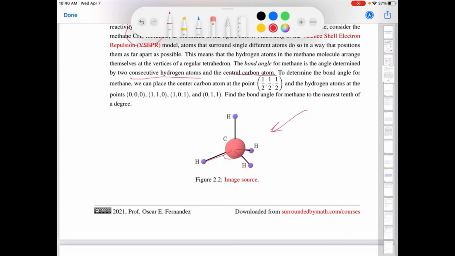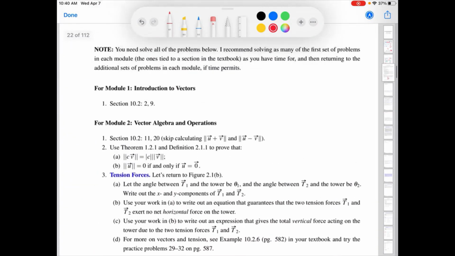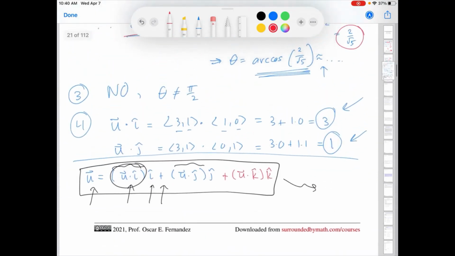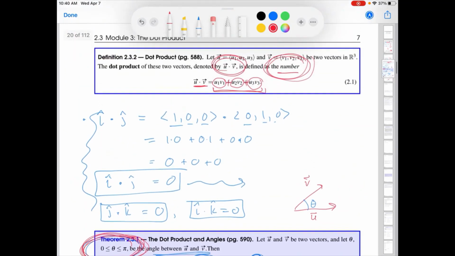So that's pretty cool. This is something that you might have just been told about in a chemistry course, or maybe even told how to calculate, but now using what we just learned about, you can actually do it yourself. And it's a very nice application.